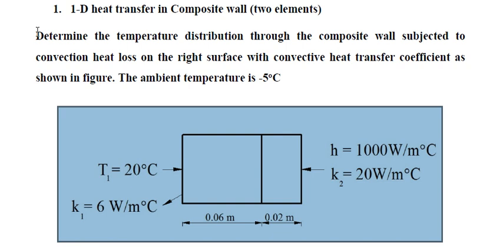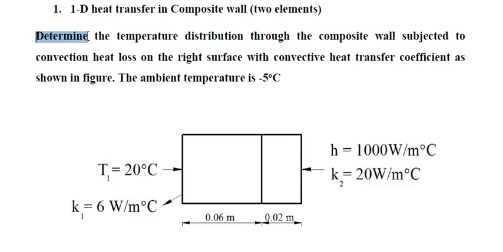What is the question? Determine the temperature distribution throughout the composite wall subjected to convection heat loss at the right surface with convection heat transfer coefficient as shown in the figure. The ambient temperature is minus 5 degrees centigrade.